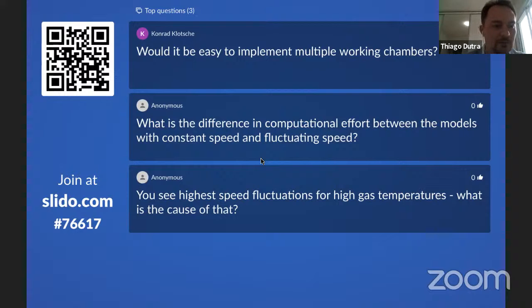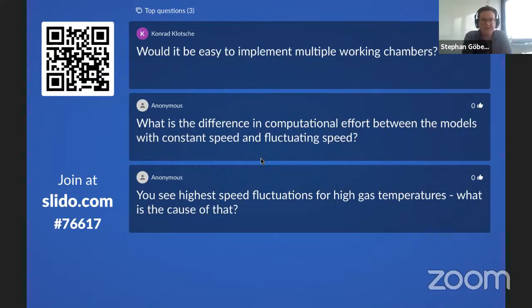So I would like to kindly ask Stefan to answer this question. The question is regarding the model that was presented by Stefan. Would it be easy to implement multiple work chambers in your model, Stefan?